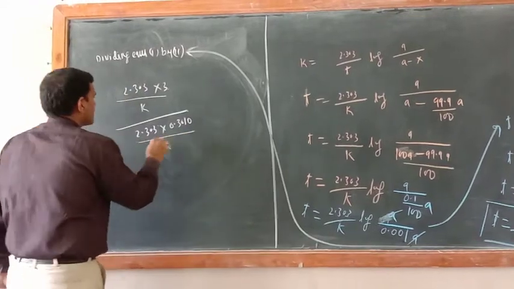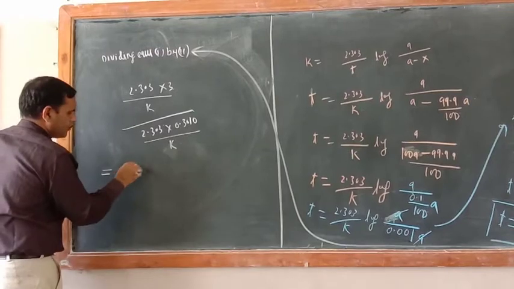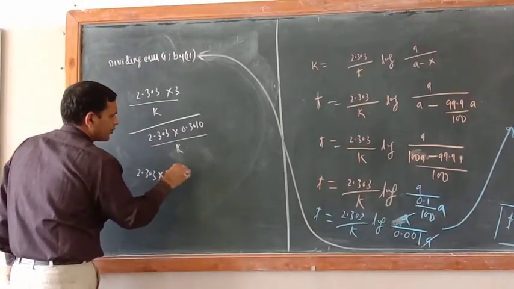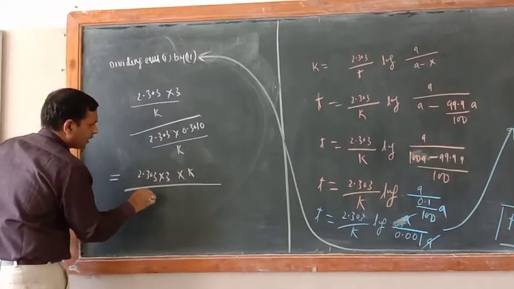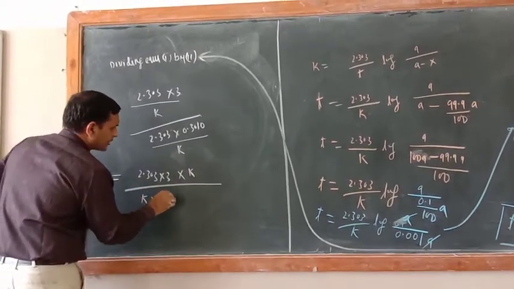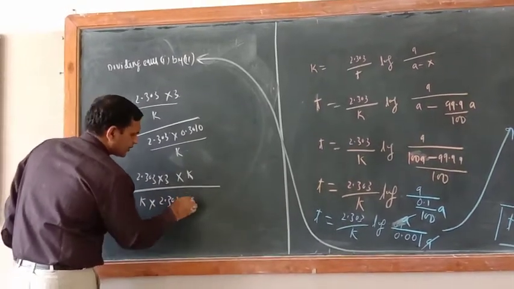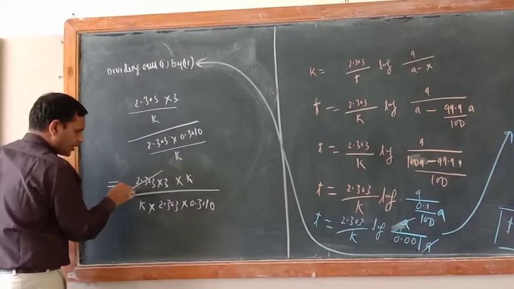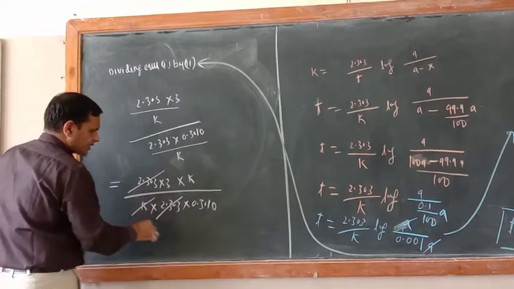Now 2.303 is cancelled out, k is cancelled out.